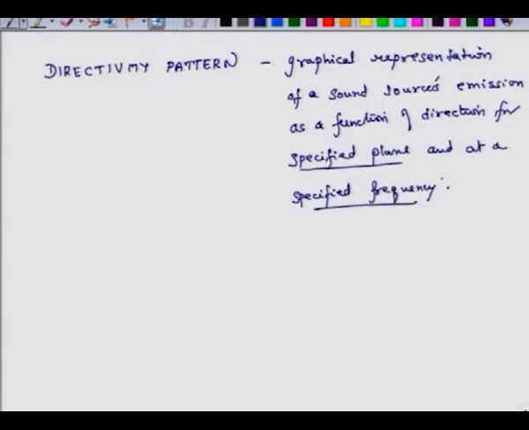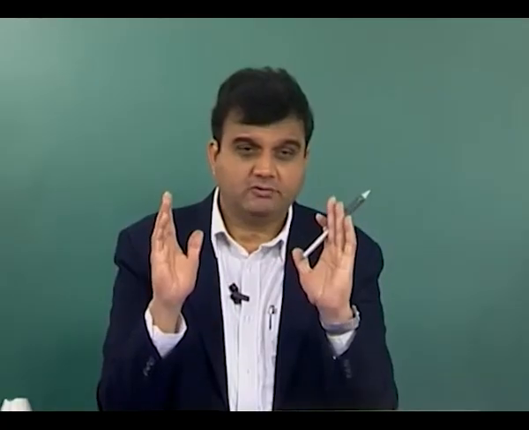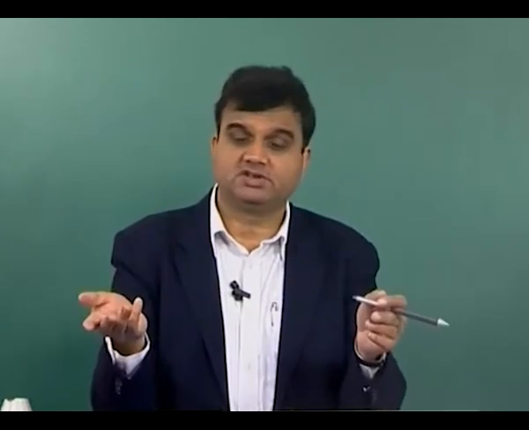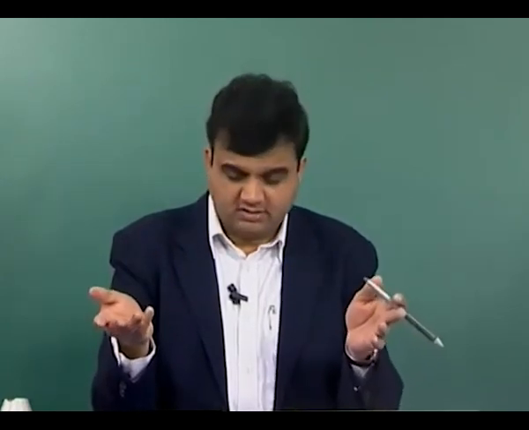So, it is important to understand that these graphical representations are for specific frequencies. You may have one directivity pattern for a set of sound sources at a given frequency, let us say 100 hertz, and this pattern may be significantly different if we alter the frequency and make it 1000 hertz or something like that. The other thing is that these directivity patterns are plotted on specific planes.